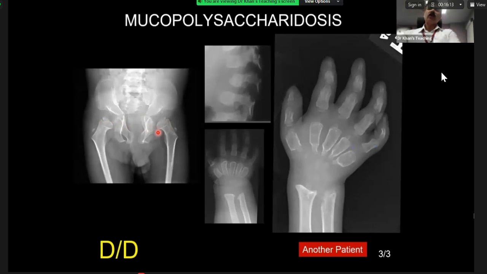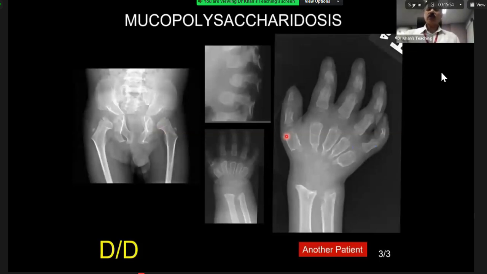So please remember, it will also come in the differential diagnosis of stippled epiphysis. You remember we did a case in which both femora had stippled epiphysis. So it will come in that list also.